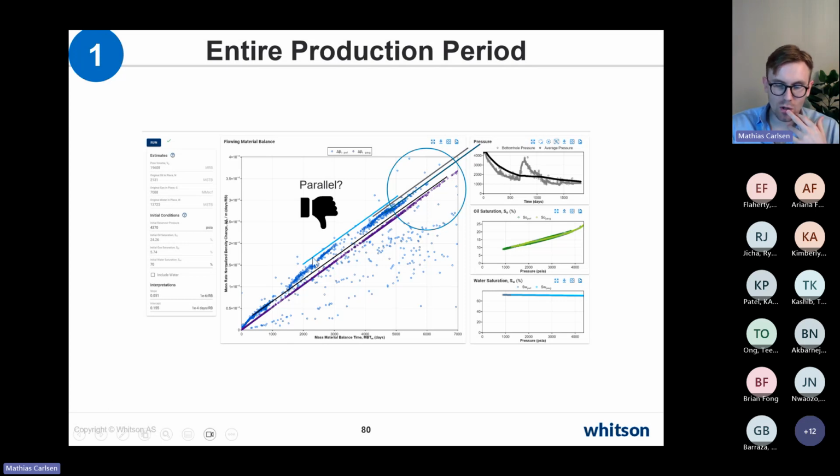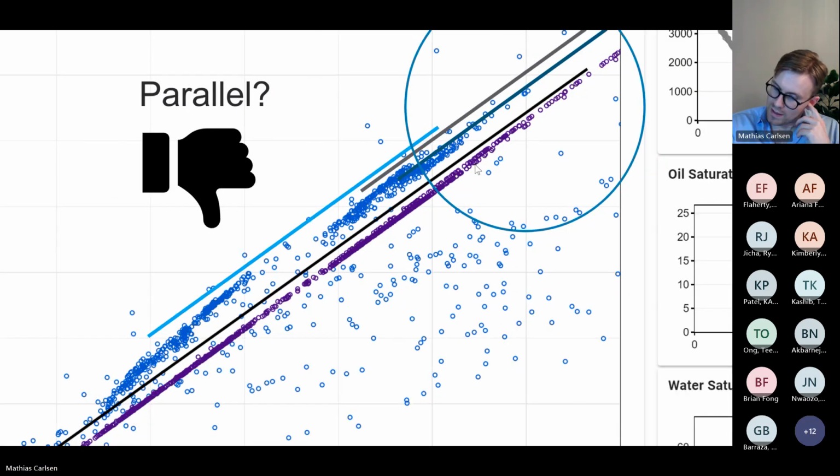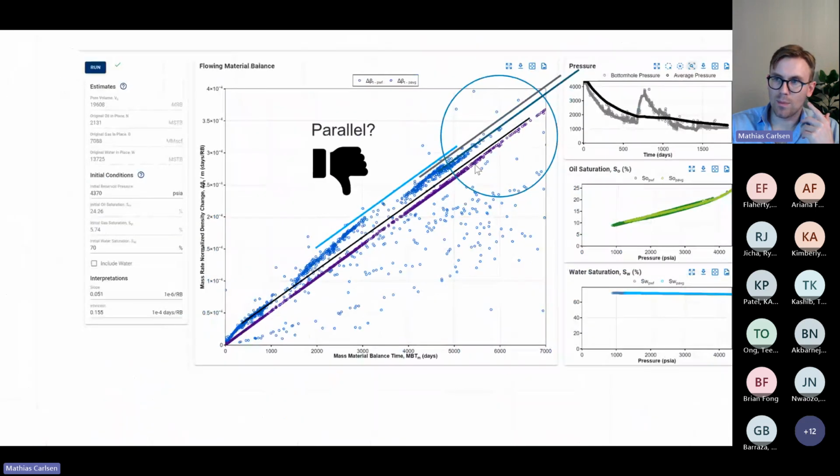So with these slopes right here, if they are not parallel, so now you see that it's kind of hard to see maybe on this graph right here, but you see that the black line and the purple line, they converge a little bit. That could be an indication that you're off about your rock compressibility.